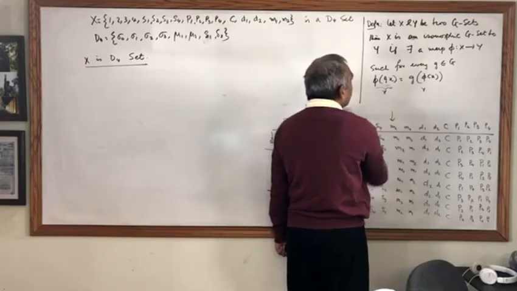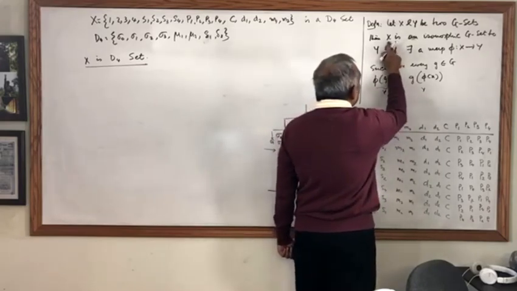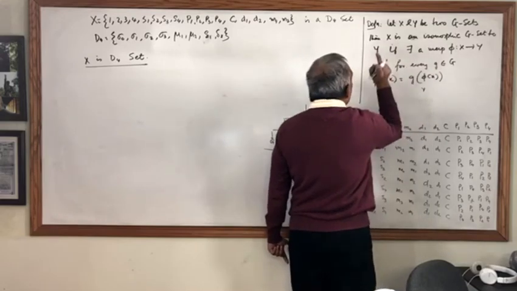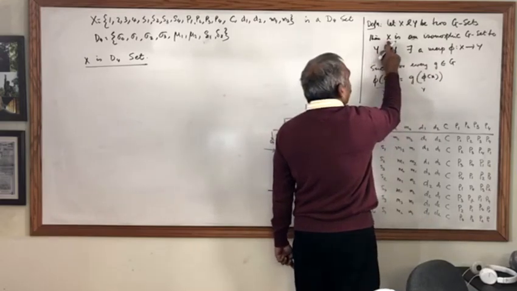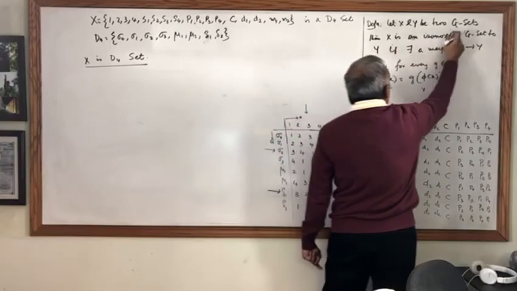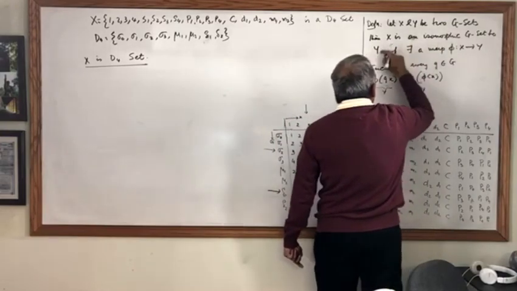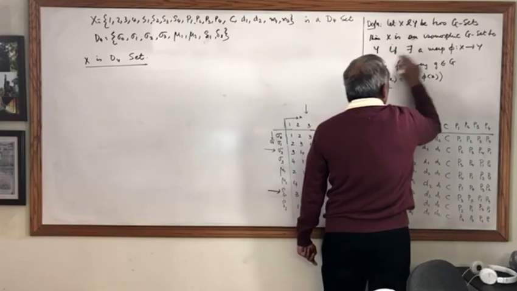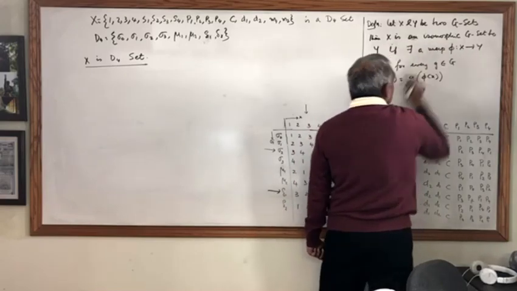Then X is isomorphic to Y. Normally there is no isomorphism between two sets, but we have a group acting on these two sets, and that is why we are defining the isomorphism here.